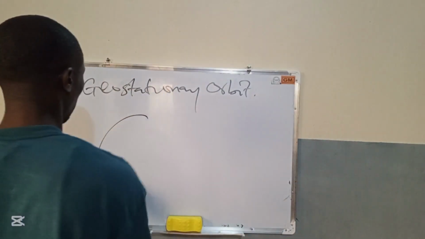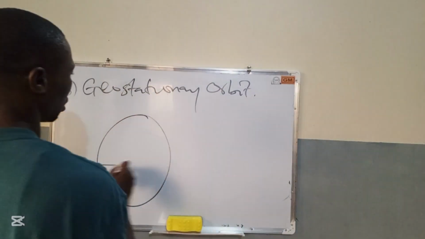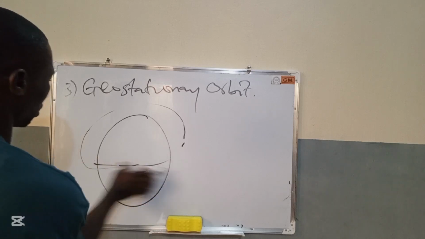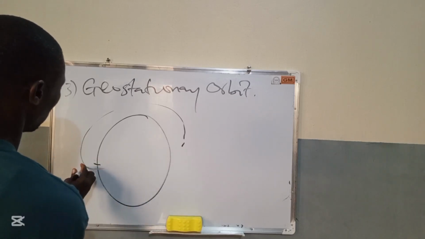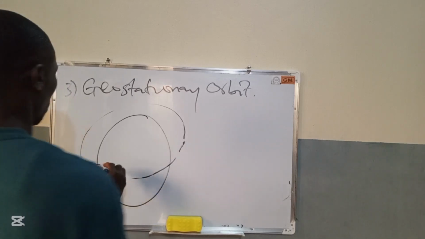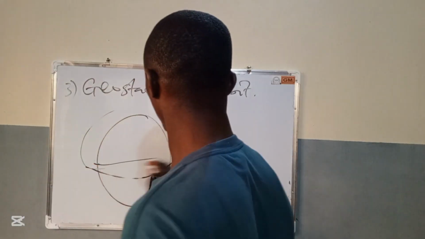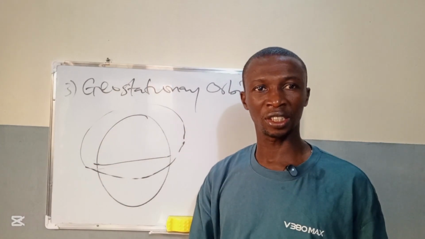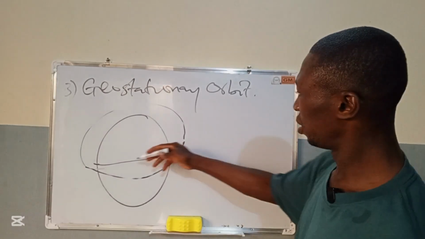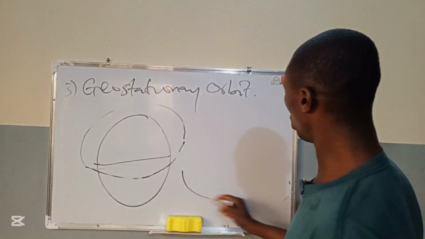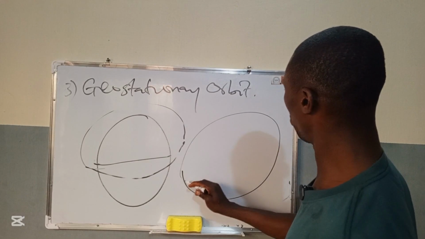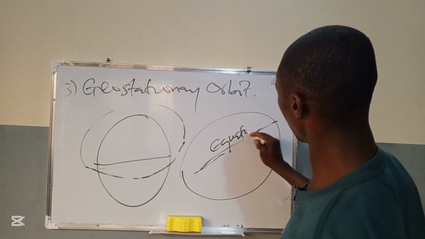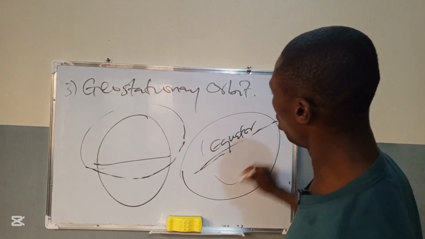Now take for example, this is the Earth, and there is an orbit around it. For this particular orbit, this is the equator. Since the Earth is in 3 dimensions, this orbit falls into the equatorial plane, more like a plane.